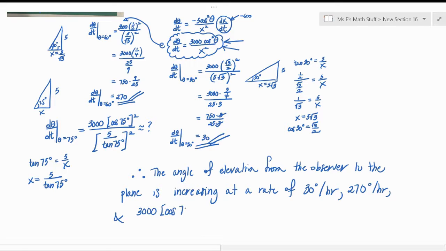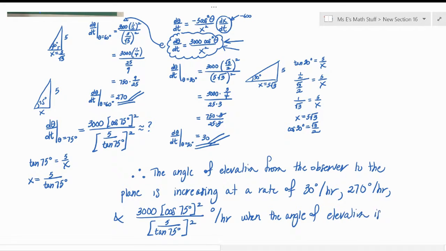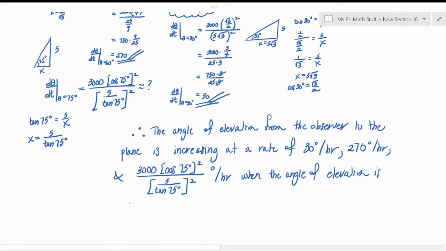I suppose I could have simplified this a little bit, but I'm just going to say this value, degrees per hour, when the angle of elevation is 30 degrees, 60 degrees, and 75 degrees, respectively.